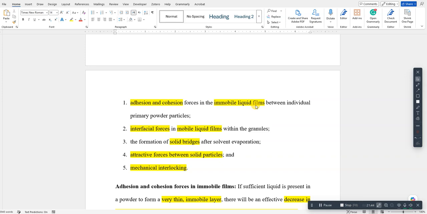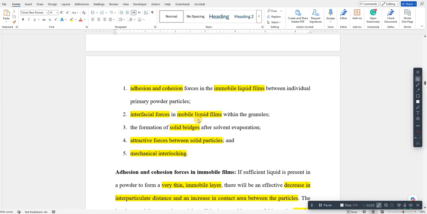You are drying it, so there is residual moisture. We call them immobile because they are not in large quantity to allow them to be flexible and move here and there. They are adhered to the surface of the granules. In this case, we have what we call adhesion and cohesion. If there is more liquid in the granules, then you have what we call mobile liquid films.